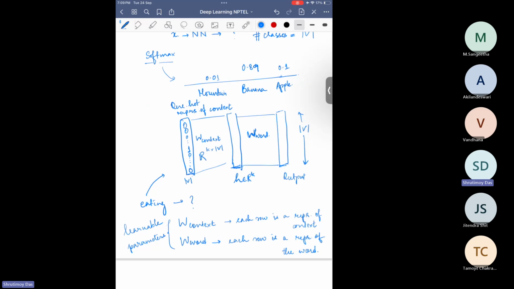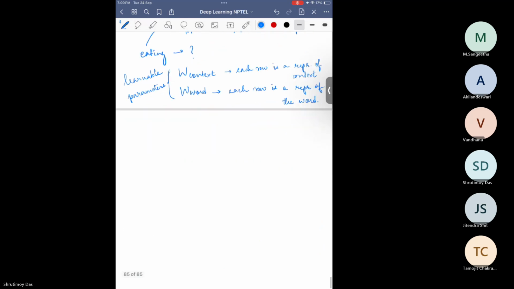And using this, we learn the representation of the words and the representation of the context. So then we can just extract these learned representations and use them as vector representations for the words in your data set.